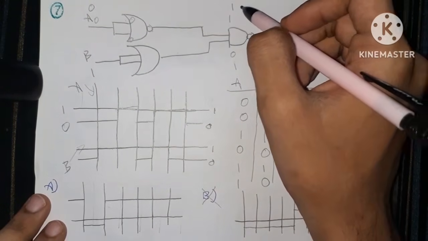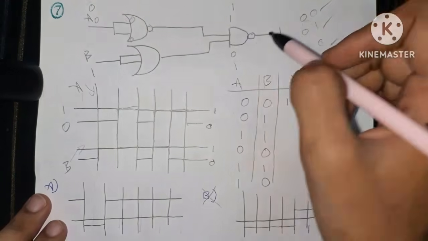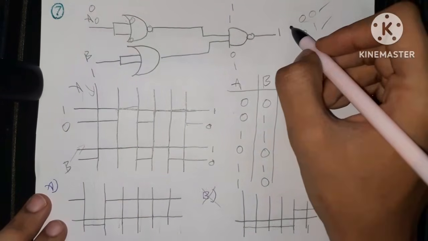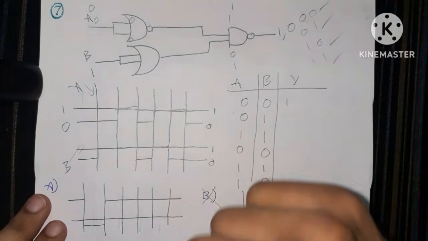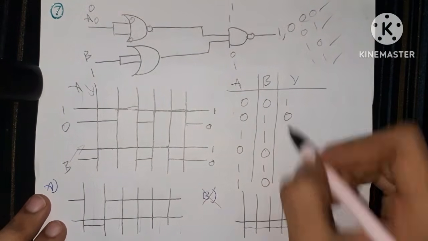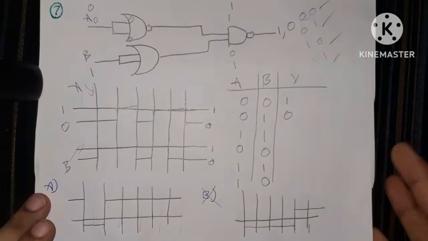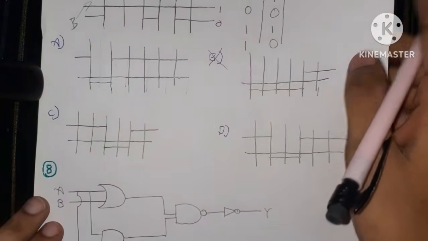If we are having 1 and 1, the AND gate will tell it as 1, but there is a NOT gate attached to here. So what the NOT gate does is change the signal and keep it as 0. Now we got 0 here. Now come to the options and check where we are getting that 0 in these options.